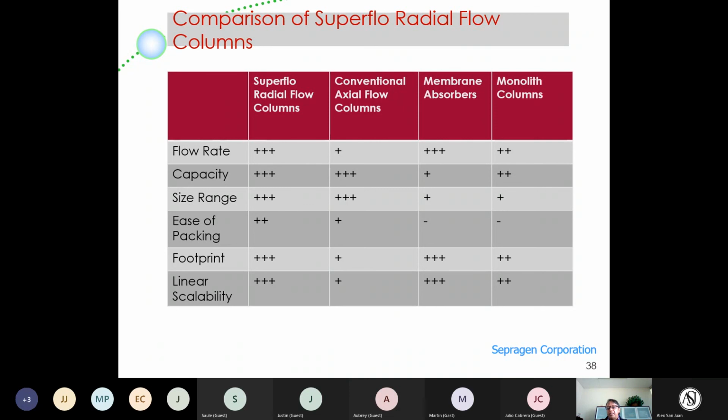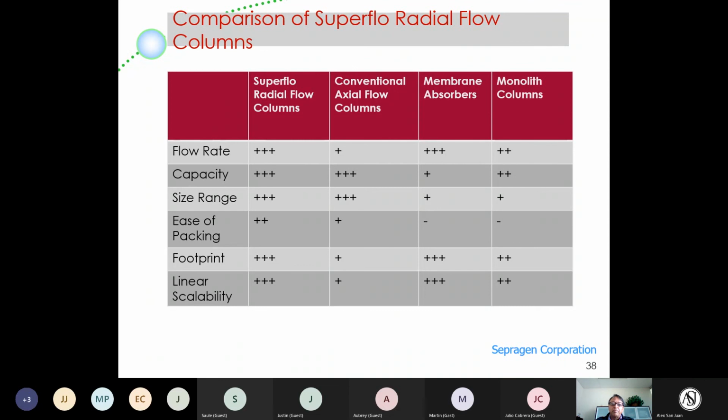So a large scale packing of a large column would take you the same time as a bench column because your flow rates are proportionately higher, right? And the footprints are small. You have linear scalability. And the nice thing, of course, is that since you're using resins, your capacities are much, much higher than any of the membrane or monolith type columns.